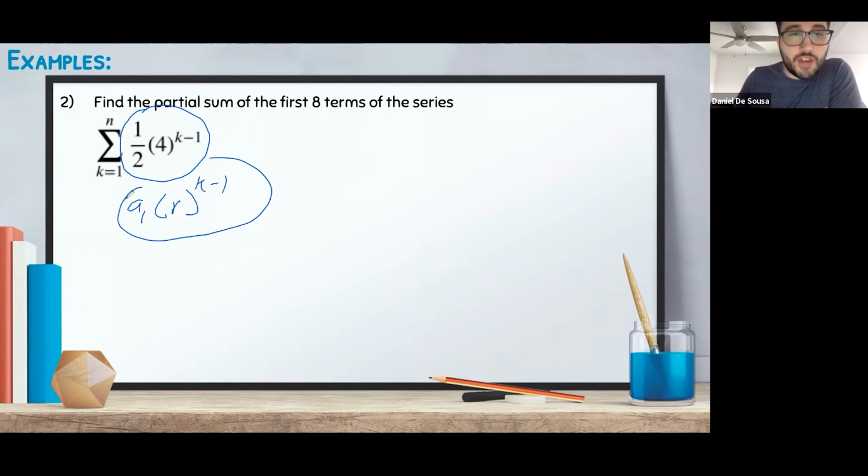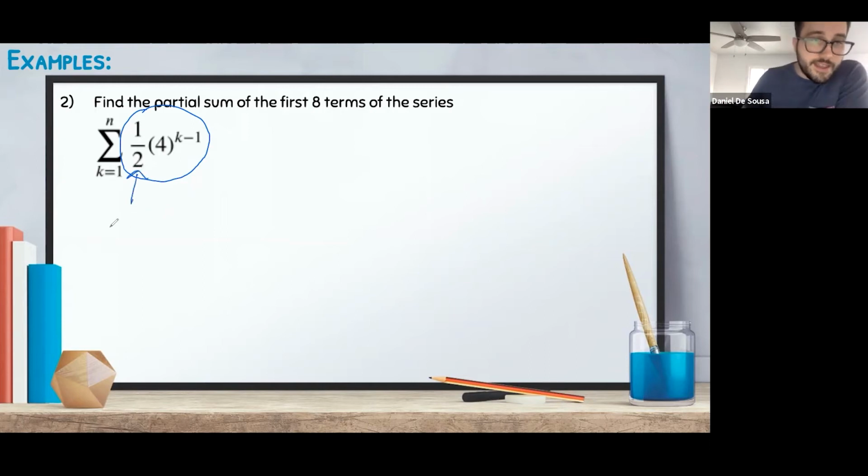This generates the terms of a geometric sequence, and this tells us to sum the geometric sequence to make it a series. So we already know a lot of this information. This is our first term. This is our common ratio. And then this is how many terms, the number of terms.